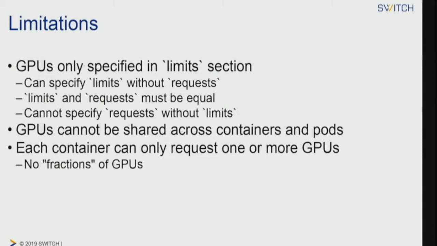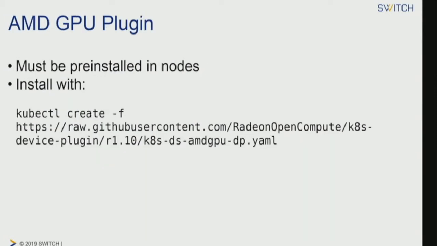There are some limitations. You have to specify it in a particular way, specifying the limits. And basically, the number of requests must be equal to the number of limits if you specify. And you cannot have fractions of GPUs as well. You can only have natural numbers of GPUs, whole numbers of GPUs.